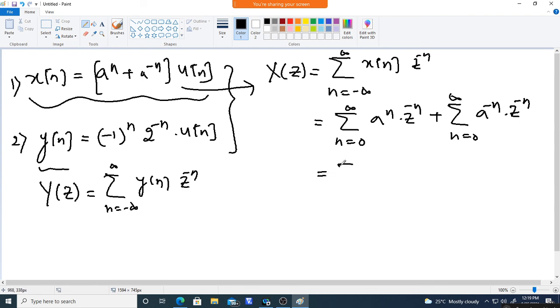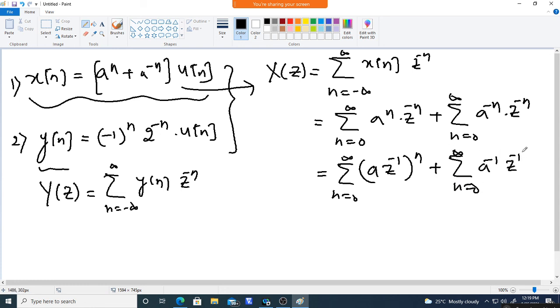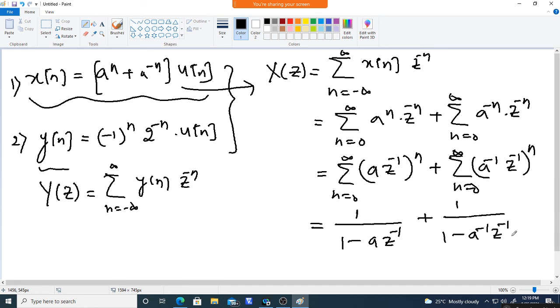So here n equal to 0 to infinity a into z power minus 1 whole power n plus n equal to 0 to infinity a power minus 1 into z power minus 1 whole power n. Now you can write this as 1 over 1 minus a z inverse plus 1 over 1 minus a inverse z inverse.